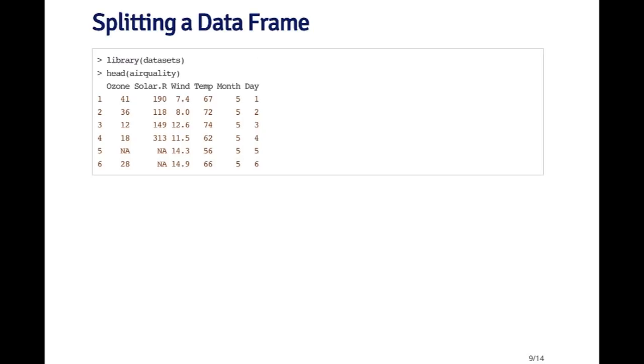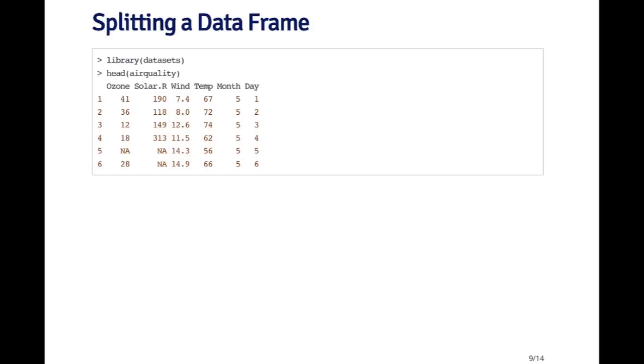But the nice thing about using the split function is that it can be used to split much more complicated types of objects. So for example, here I've got a data frame. I'm loading the datasets package, and I'm looking at the airquality data frame from the datasets package. So you can see this is the first 6 rows of this data frame. I think there's about 100 some rows in total.